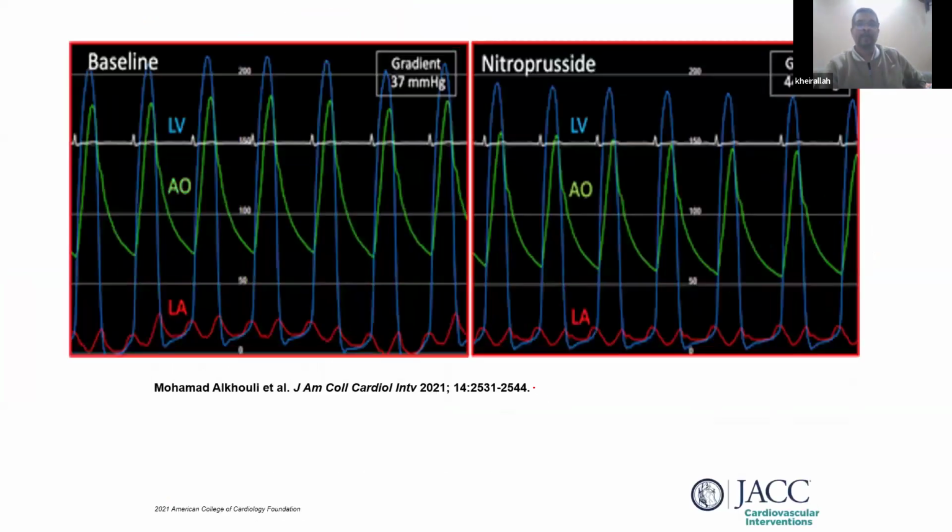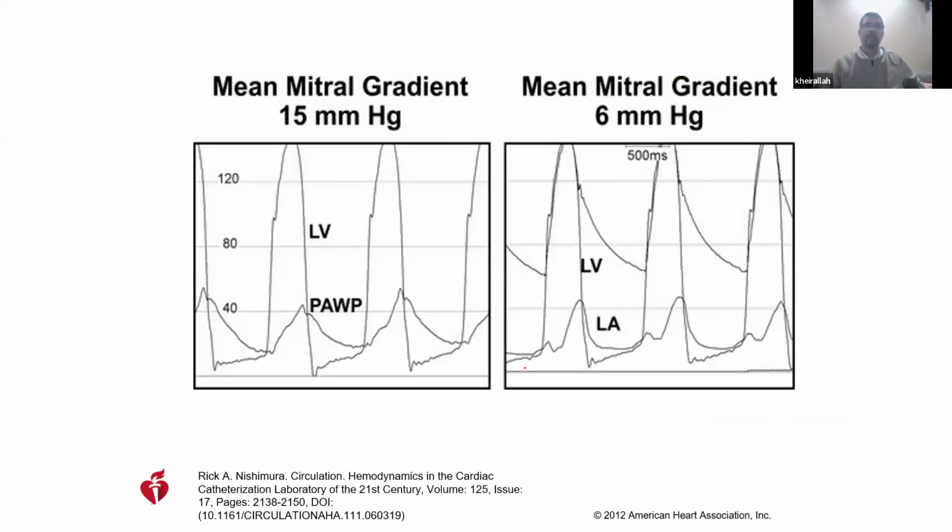Okay, I will skip this. Now look here. This is the LV, that's the LV, and this one is the wedge. Okay, and now this is the same patient, LV and LA catheter.